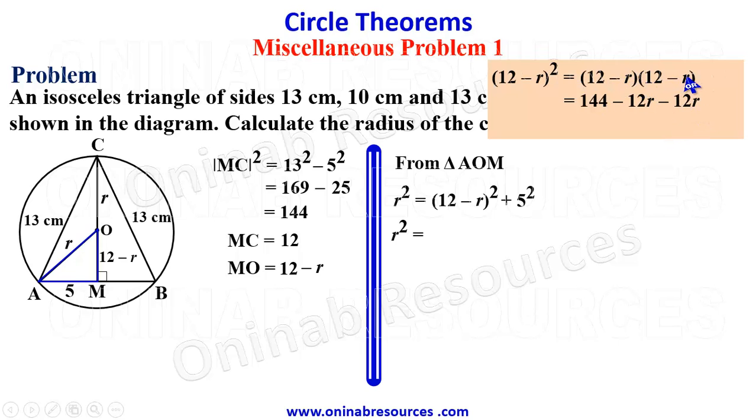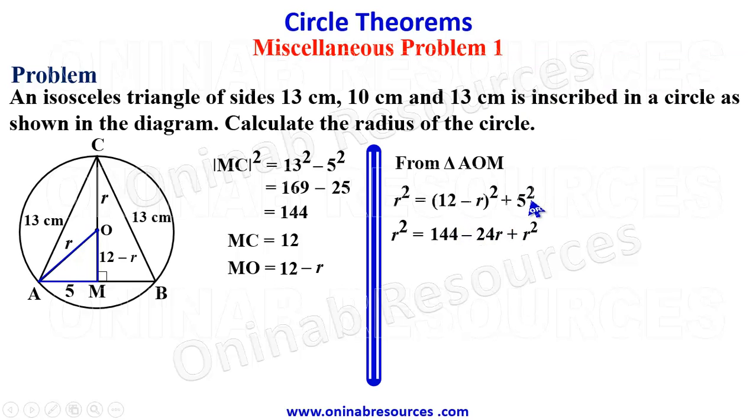Then negative R times negative R gives positive R squared. We simplify the middle terms here: 144 minus 24R plus R squared. So we have expanded this. We bring them in. 5 squared is 25, so we have plus 25.